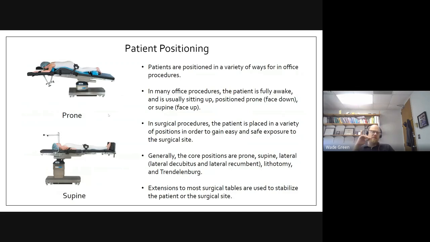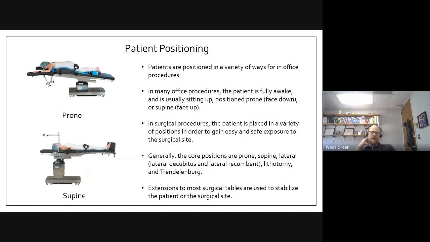Okay, so let's just talk about patient positioning here. Particularly if you work in a setting where you will be working in an office or even working in or around surgery, it's extremely important to know these different terms as far as patient positioning.